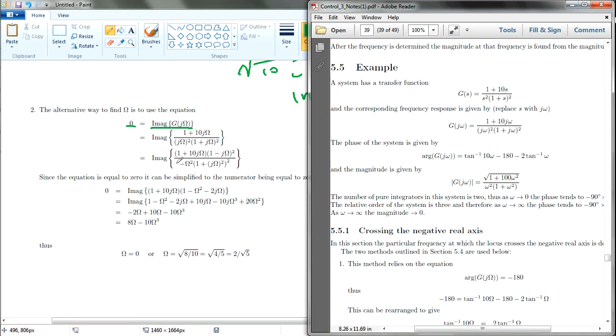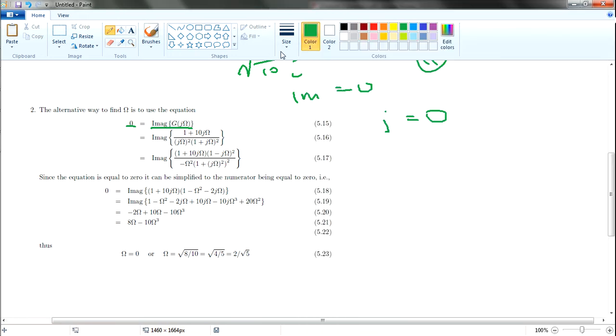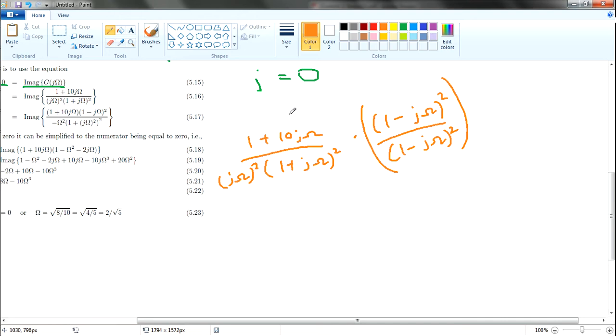Now what he does is multiply by a conjugate, to rearrange. So how do I rearrange? Simply multiply the conjugate into this function. So this is actually 1, right?